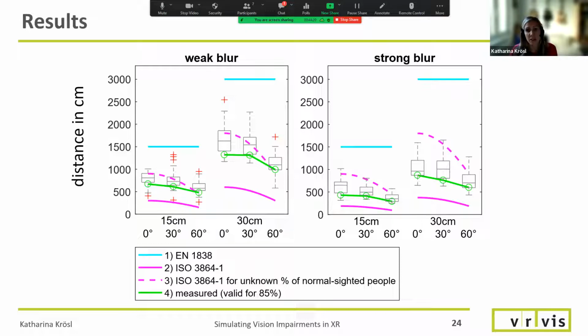And it's even worse for a more severe vision impairment, like we have simulated with our strong blur here on the right.